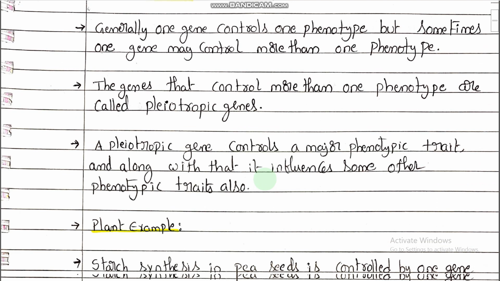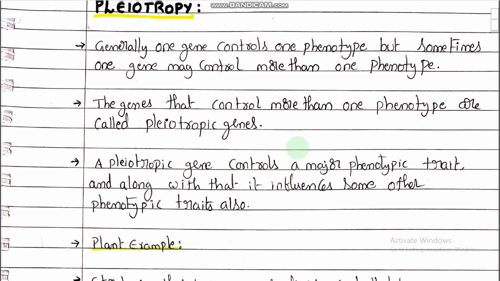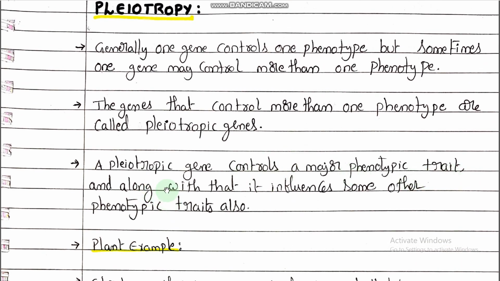A pleiotropic gene controls a major phenotypic trait, and along with that it influences some other phenotypic traits also. Here one gene controls more than one phenotypic character. So the first preference is the major one, and along with that it influences some of the other phenotypic traits also.